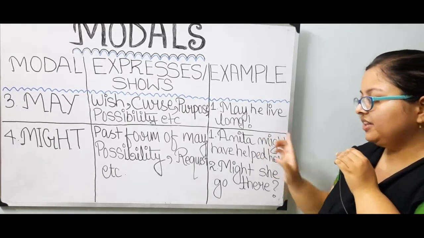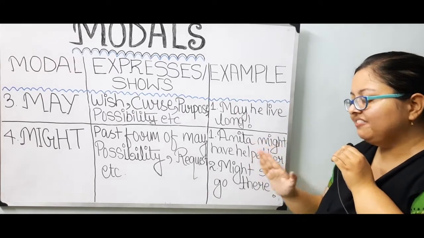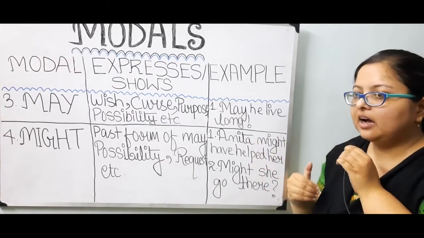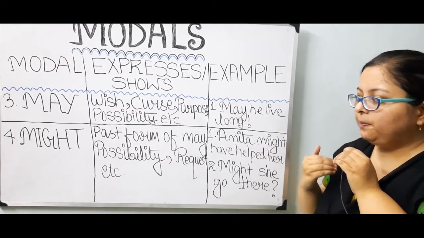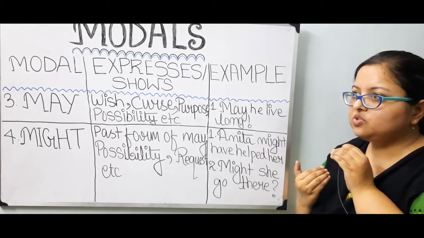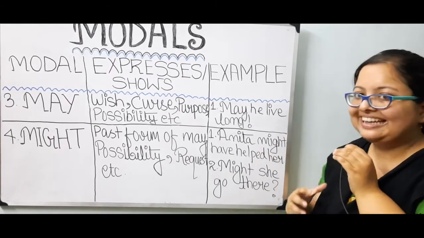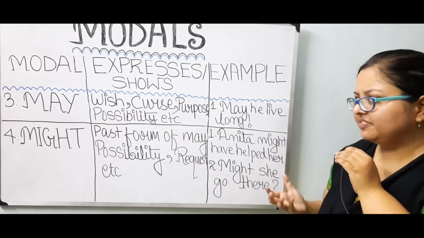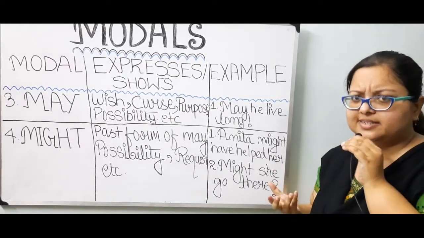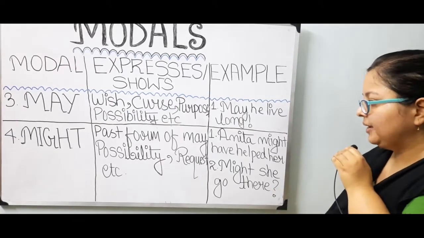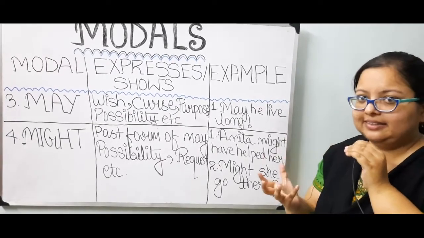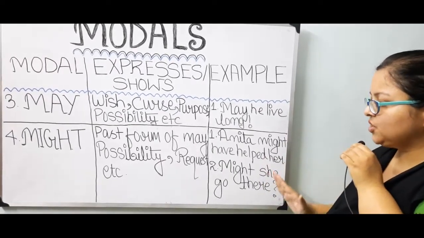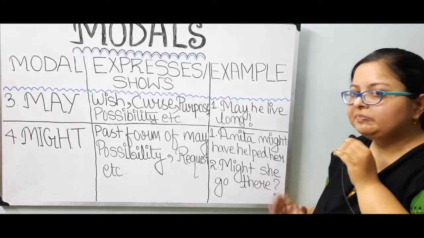Now for the first one, Anita might have helped her, it's a kind of possibility, or better to say it's a kind of thing that one could have done, might have done in the past time. And next one, might she go there?